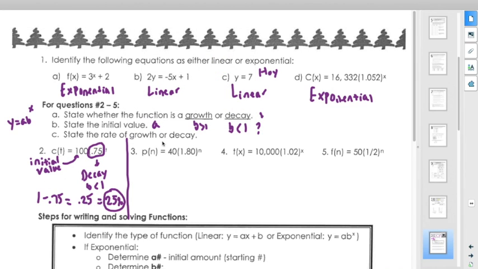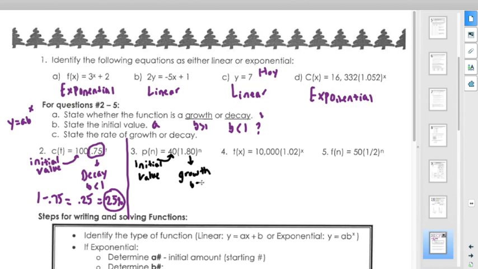P of n equals 40 times 1.80 to the n power. Okay, well again, the first piece is like my a value. This is my initial value. Right? 40 is my initial value. That's what I start with. Here I have 1.80. Is that growth or decay? Is it greater than 1? Less than 1? This is a growth. And why is it a growth, you might ask?